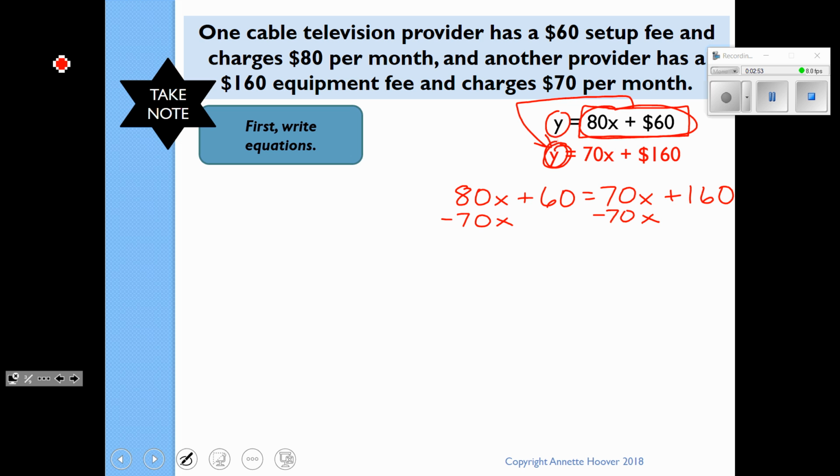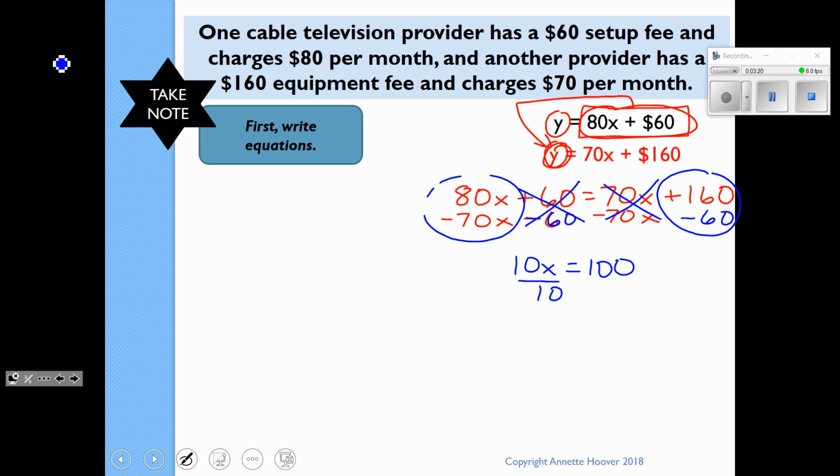Just to save time, in the same step, I'm going to move the 60 to the other side of the equation. So this cancels out, this cancels out. What is left on the left side of the equation is just 10x, and what is left on the right side is just 100.